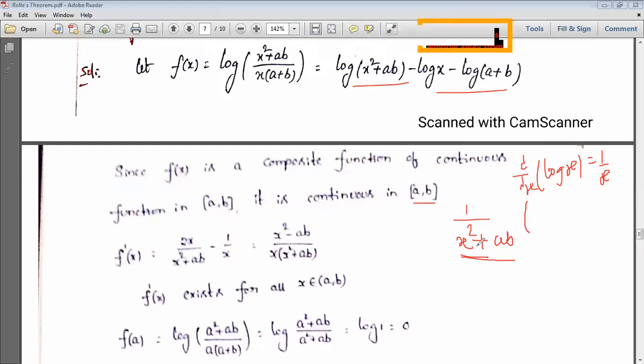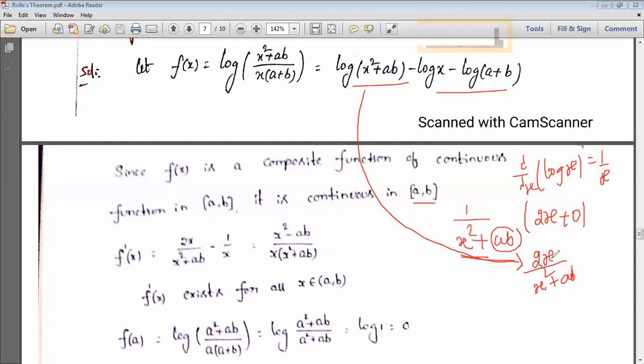And next, the derivative of the inner part: x square derivative is 2x, and ab is a constant, the derivative of a constant is 0. So we'll get 2x by x square plus ab. And for the second function, the derivative of log x is 1 by x, and the derivative of x is 1.